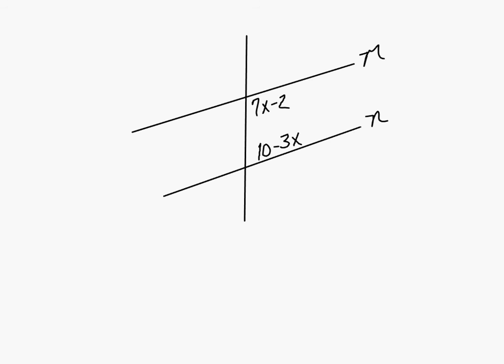They have to be supplementary. So doesn't 7x minus 2 plus 10 minus 3x have to equal 180? Okay? When you set that up, guys, make sure you combine your like terms. Make sure you combine those two first before you start doing anything else.